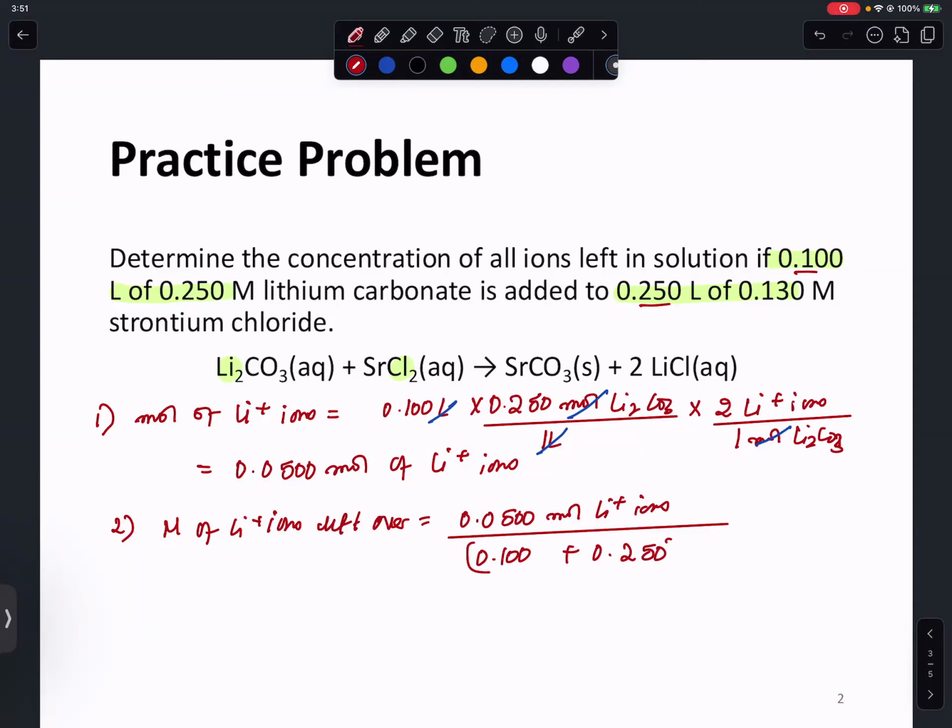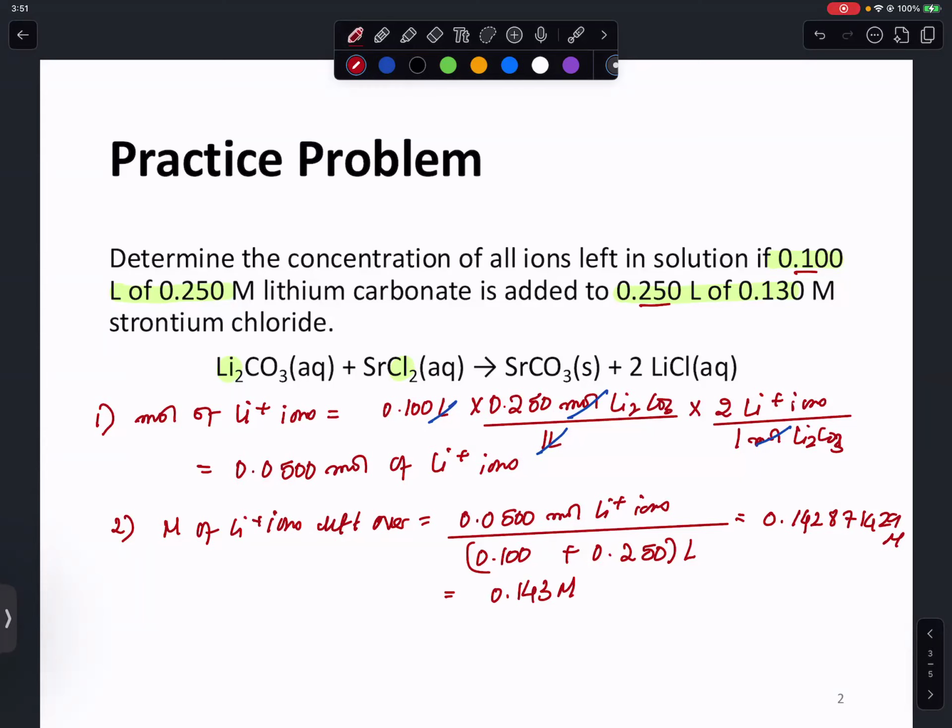In this case, I get 0.1428571429 molar, and I will go by 3 sig figs, which is 0.143 molar. So I calculated the molarity of the lithium ions.